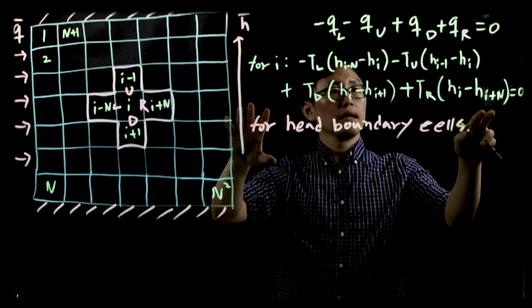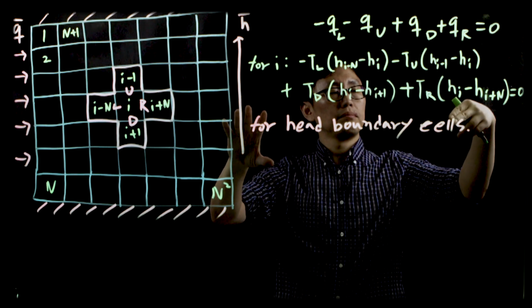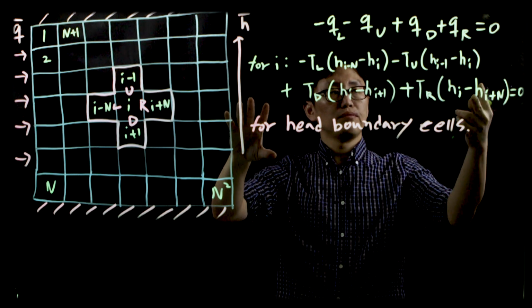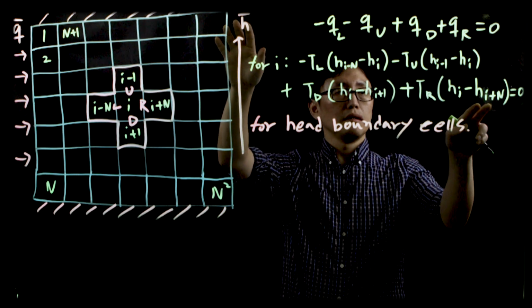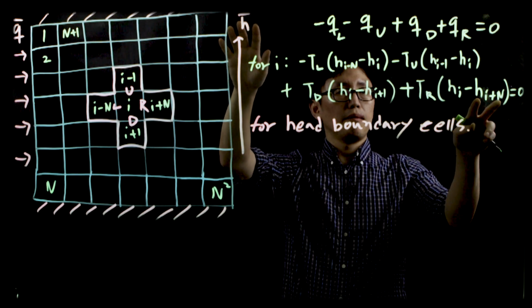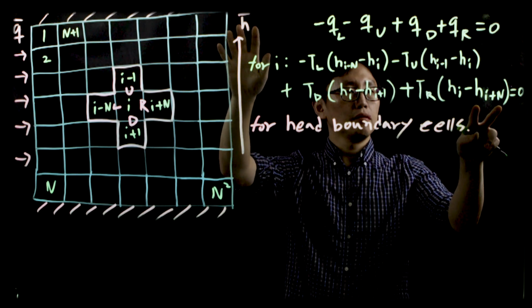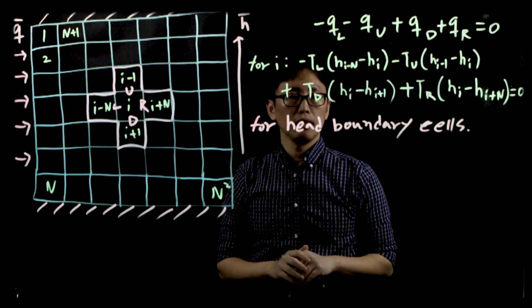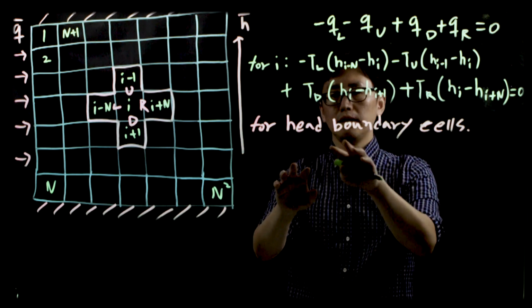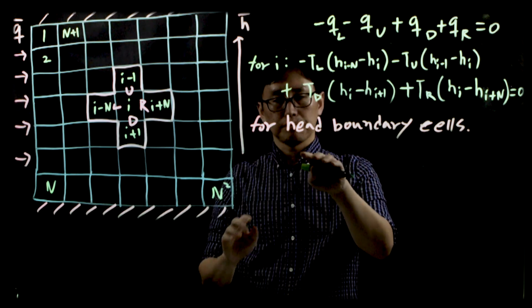So we will cancel this term and replace it with H bar, and the TL multiplied by the H bar term will be moved to the right hand side because it is constant, and the other terms will remain in this equation.